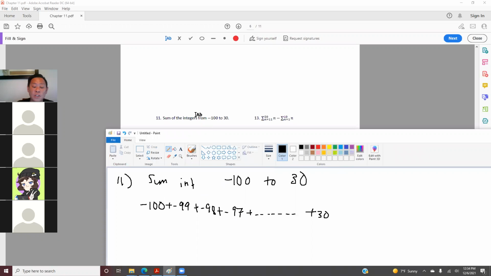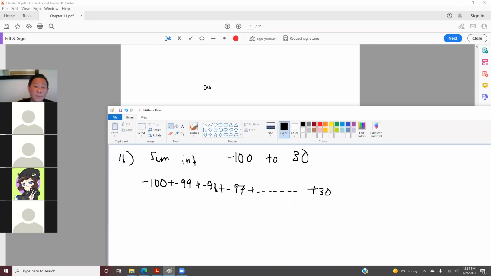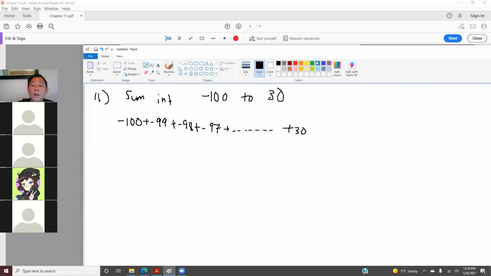So question number 11 is very similar to question number 10 that we did. We know the first term, A1, is -100. This is an arithmetic sequence because the common difference is 1: -99 plus 100 is 1.